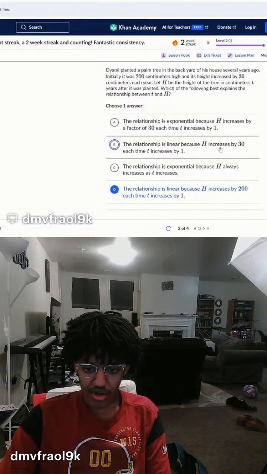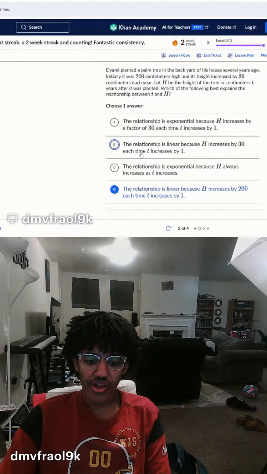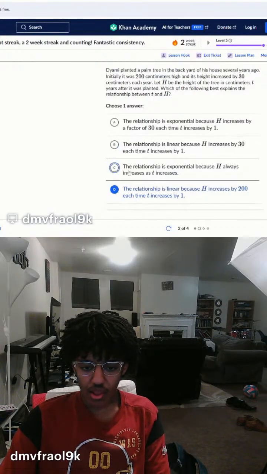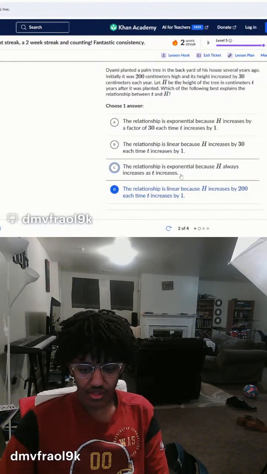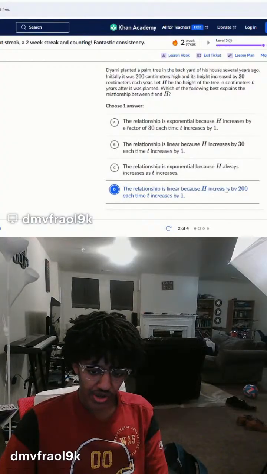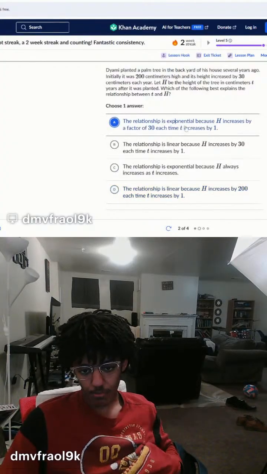The relationship is linear because H increases by 30 each time T increases by 1. The relationship is exponential because H is always increasing as T increases. Linear because H increases by 200 each time.